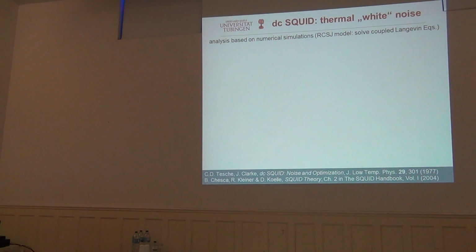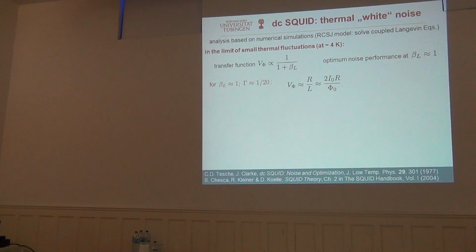Okay. To do this in a more quantitative way, you can do numerical simulation, solving these coupled Langevin type equations, where you also plug in finite temperature, also using the RCSJ model. Again, most common expressions have been already derived by Claudia Tesche and John Clark in this paper published in 1977.